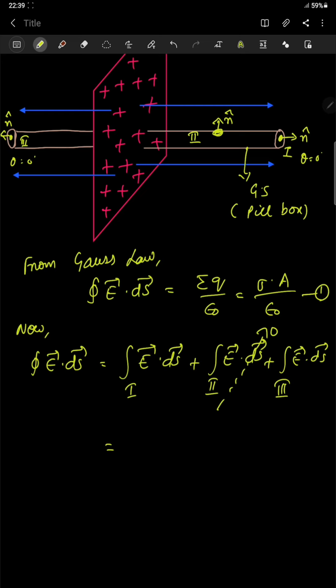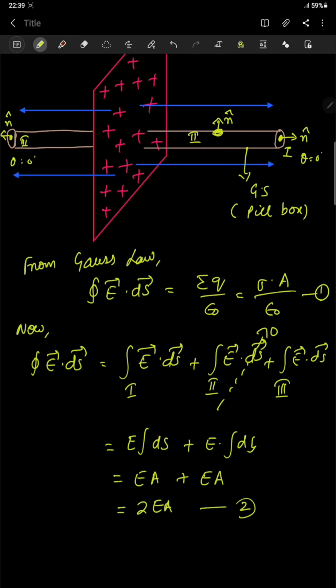So E is the electric field, which is going to be constant throughout the Gaussian surface, so that can be taken out of the integration. Integration ds plus E into integration ds. So integration ds is nothing but area. So EA plus EA, that will be 2 times EA. Let it be equation number 2.